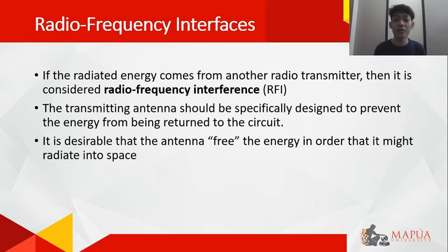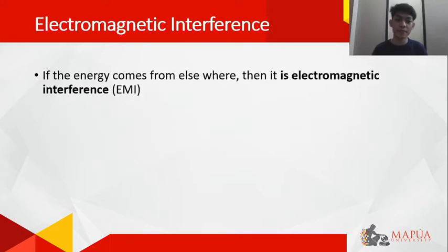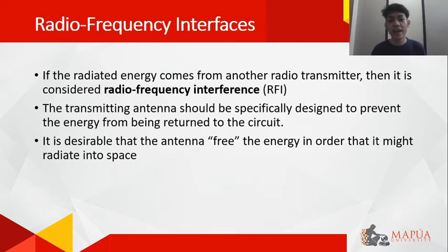It is desirable that the antenna free the energy in order that it might radiate into space. Electromagnetic interference, meanwhile, happens if the energy comes from elsewhere, unlike radio frequency interference, which comes from another radio transmitter.